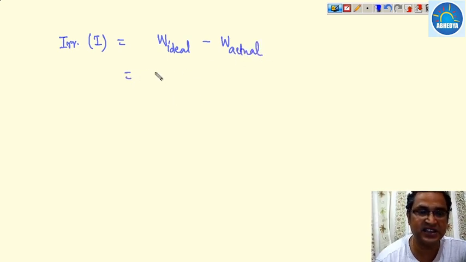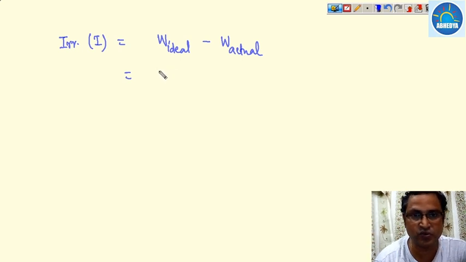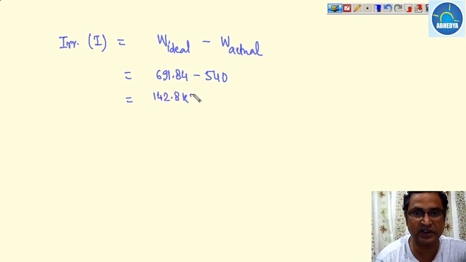So this is 691.84 minus 540, which comes out to be 142.8 kilojoule per kilogram. So this is the irreversibility that we have calculated.